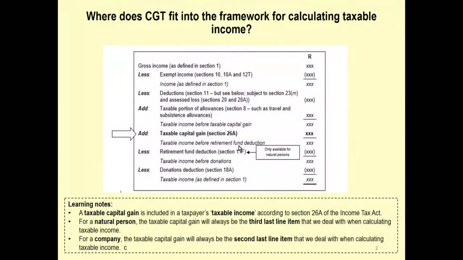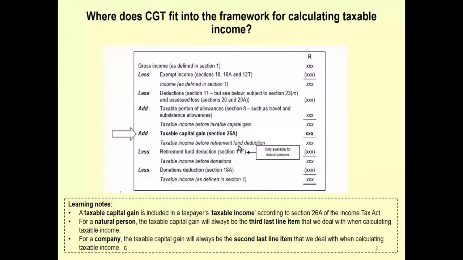You deal with transactions or amounts as you find them, as long as the principle is applied correctly. In other words, if it's gross income, it has to increase taxable income. If it's an exemption, that means we reduce taxable income. If it's a deduction, it means we reduce taxable income.